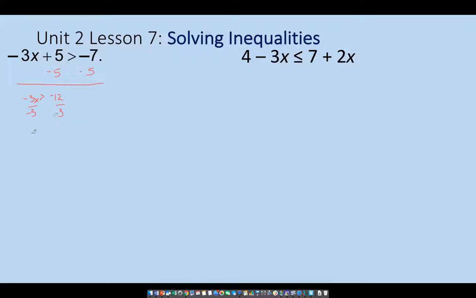I remember my rule that when I divide by a negative, I'm going to switch greater than to less than, and then I've got 4. If I were going to put this in interval notation, it would be a parenthesis, and then because it's less than, I'm going forever to the left. So negative infinity, and then just positive 4. All right, over here, kind of the same deal.